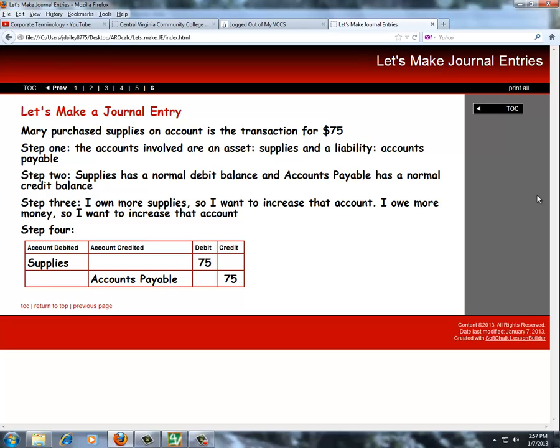Because supplies is an asset with a normal debit balance and I want to increase it, you can see I'm going to debit the supplies account for $75. Since accounts payable is a liability with a normal credit balance and I want to increase that, I will credit accounts payable for $75. We have just entered our first journal entry, and hopefully this helps make some sense.